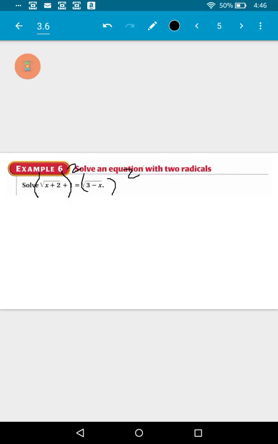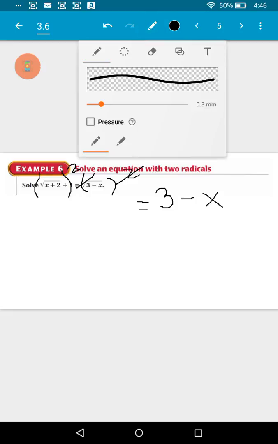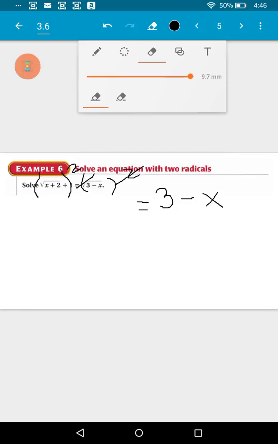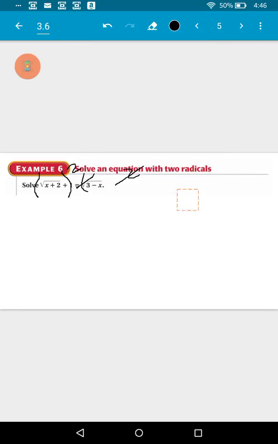Once we do this, this is gone, this is gone. On this side, you have 3 minus x. On the left-hand side, you're now going to have 2 radical x plus 2 and the plus 1. So it would look something like this. Let me give myself a little bit of room because this is going to be a little longer.